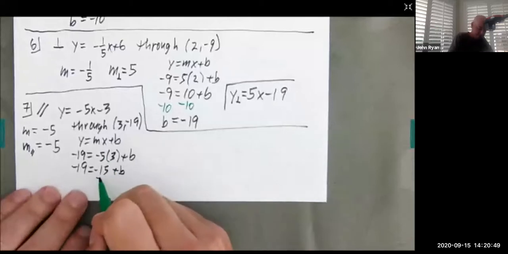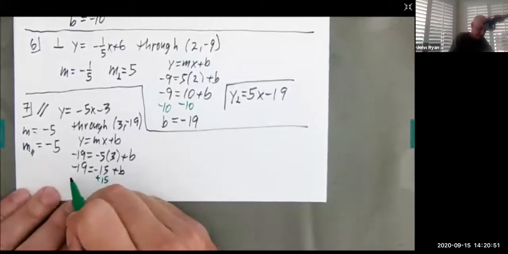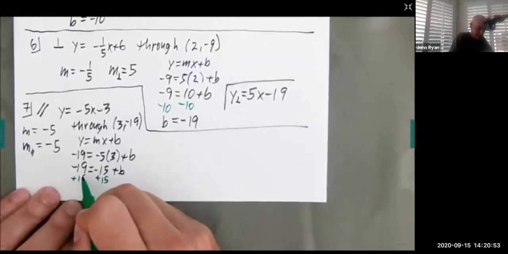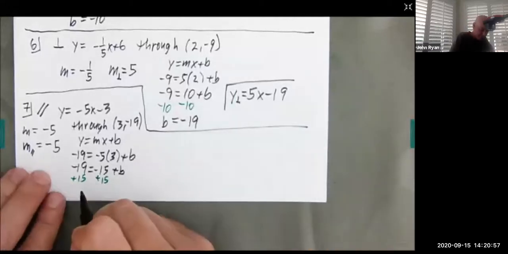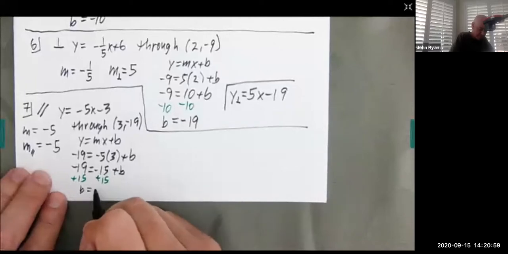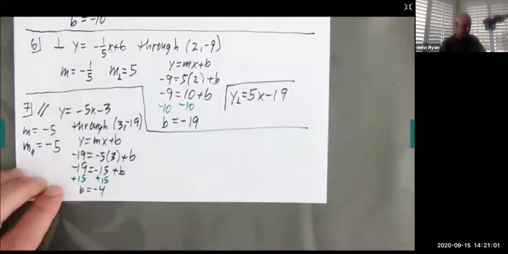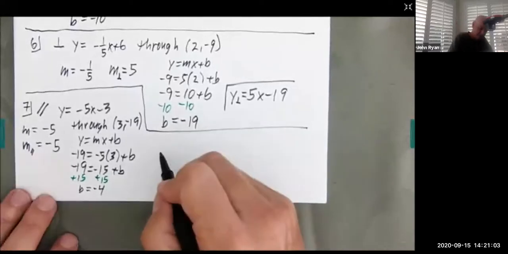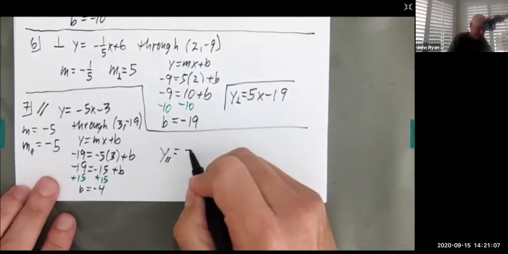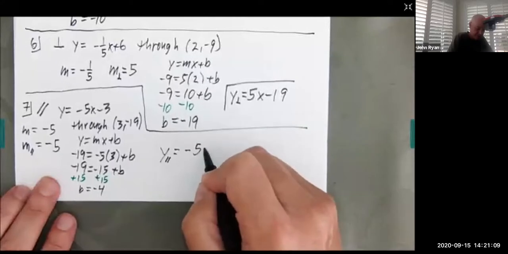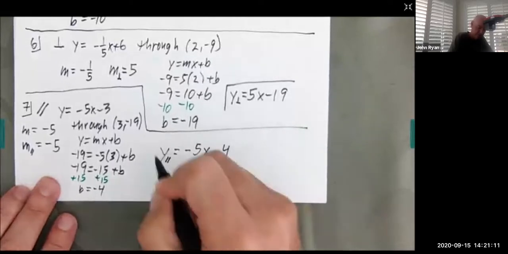Solve for b. So now I have m and I have b. So my line, my parallel line, is negative 5x minus 4.